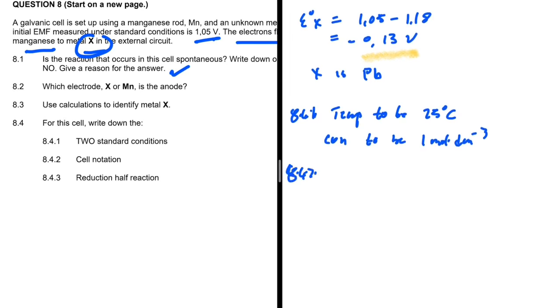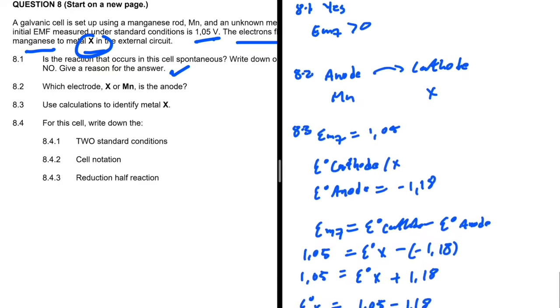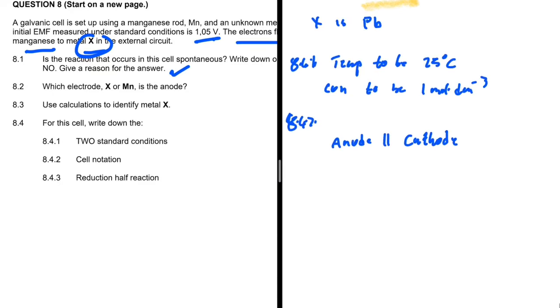8.4.2: we are looking for the cell notation. We know that we have what is happening at the anode, the salt bridge, and what is happening at the cathode. At the anode, we have Mn, like we talked about. So we're going to have Mn, the metal, then Mn2+, the salt bridge, then Pb2+, and then Pb.